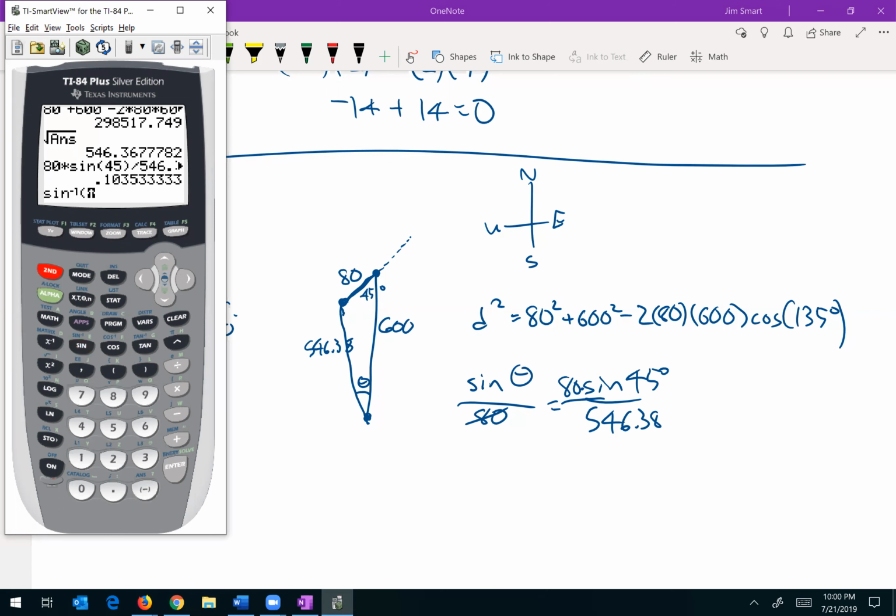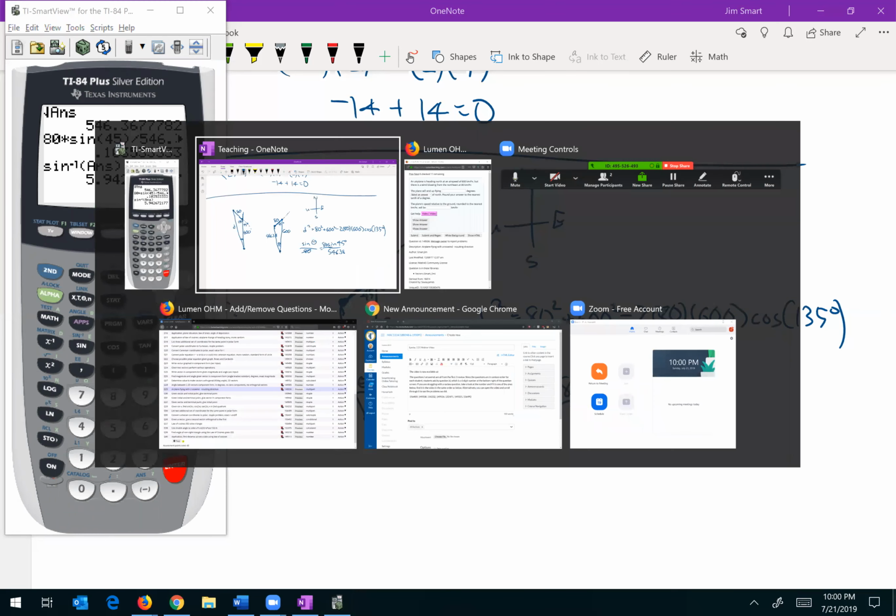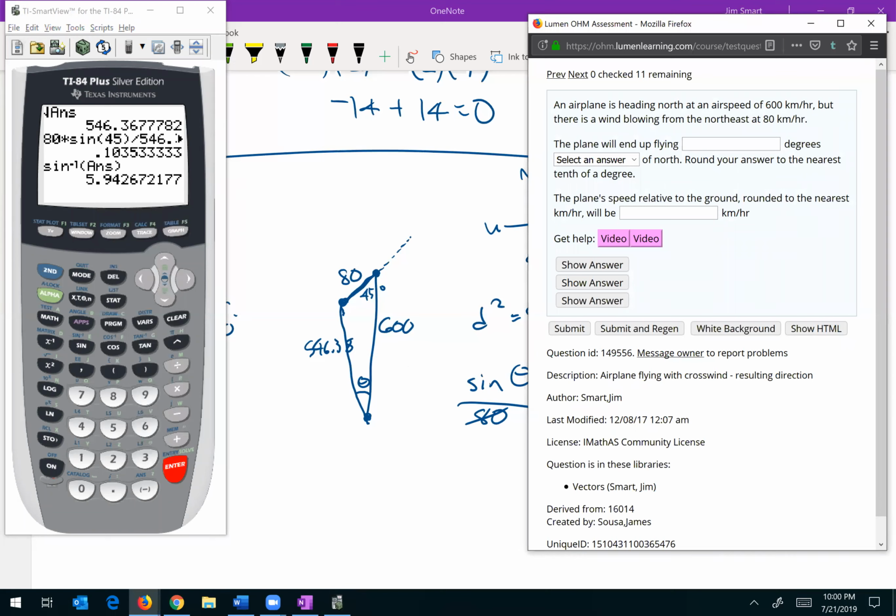It's going to be a small angle, and looking at the triangle, it should be clear why. So 5.94 degrees. I think it's 1 decimal place, 1/10 of a degree. So there's the 5.9, and of course it's west of north in both the pictures I drew. And there's the 546 miles per hour, or kilometers per hour.